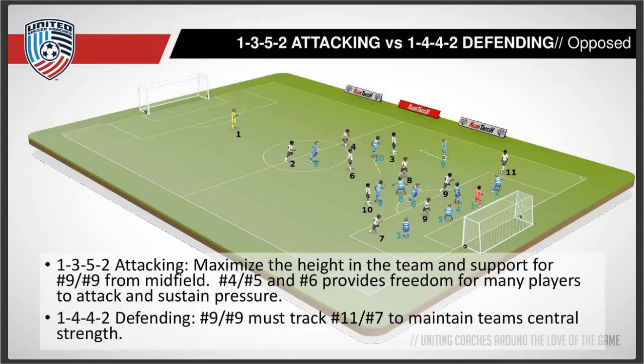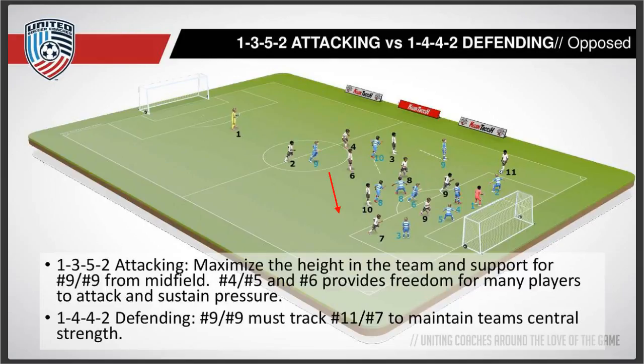Yeah, and I think, Ian, that one of the challenges with very narrow central midfield players is, of course, the space that's around them on either side of them. So they can't defend all areas of the field.